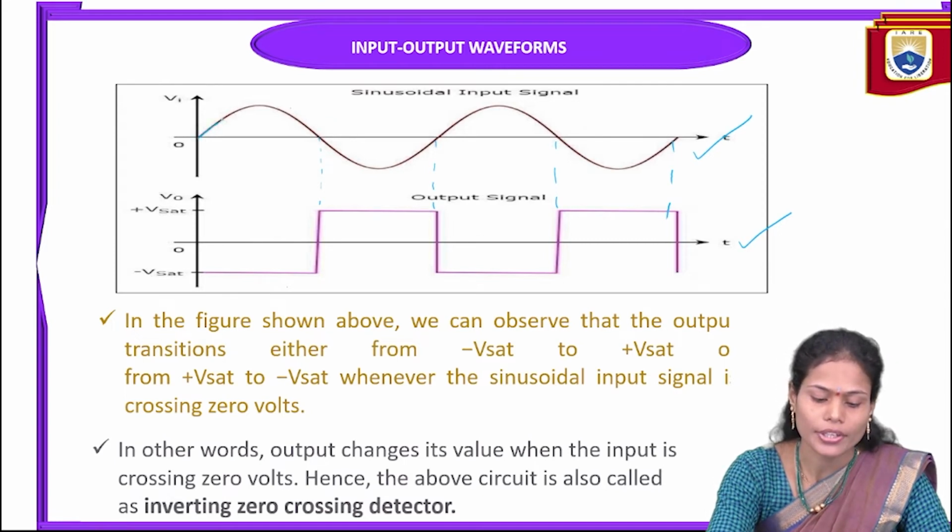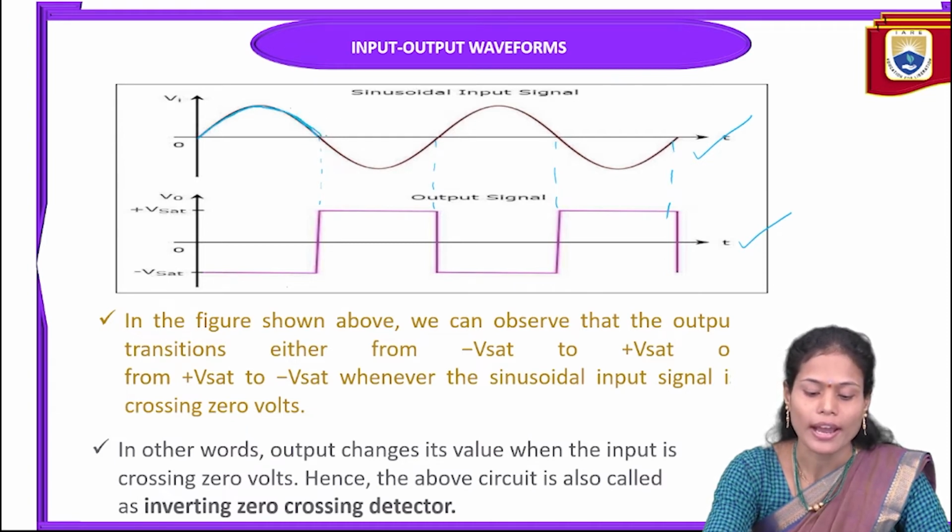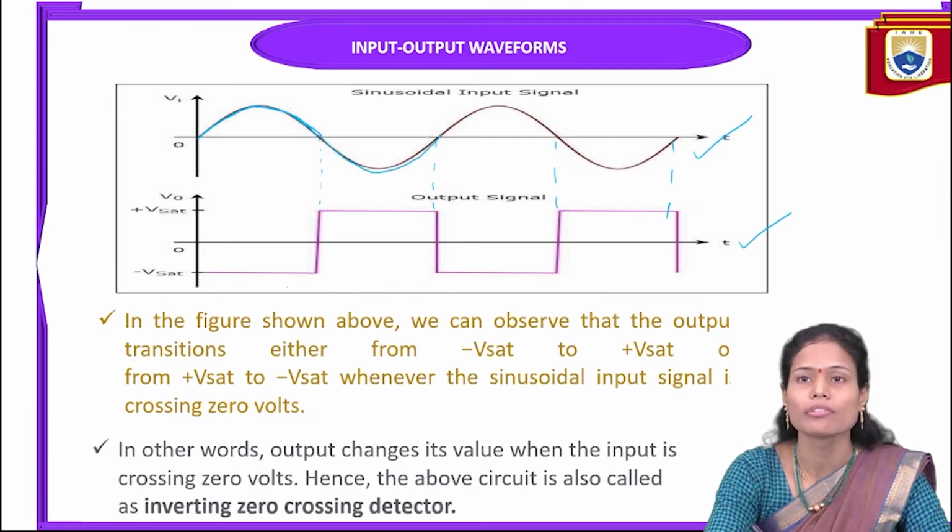From here to here, the waveform is present in the positive half cycle. After that it moves to the negative half cycle, but before that it is crossing the zero axis here. It is crossing the 0 volts, or zero axis, here.